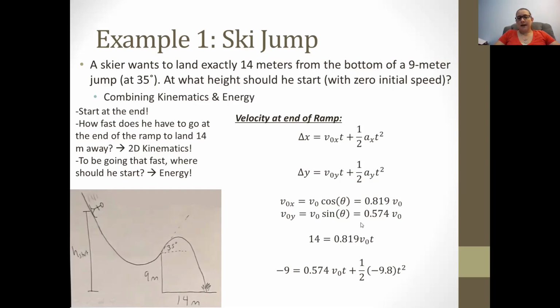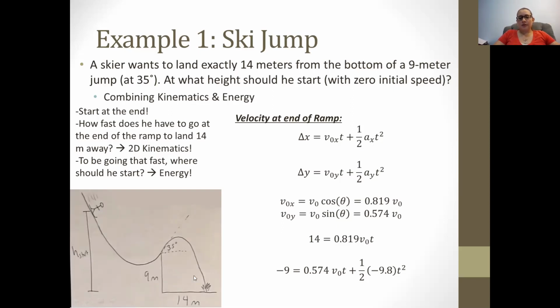We multiply that by the time, which we don't know. And remember, in our x direction, if there are no forces in our x direction, if we're ignoring air resistance, then our x acceleration is 0. Okay, there's no forces to cause an acceleration.